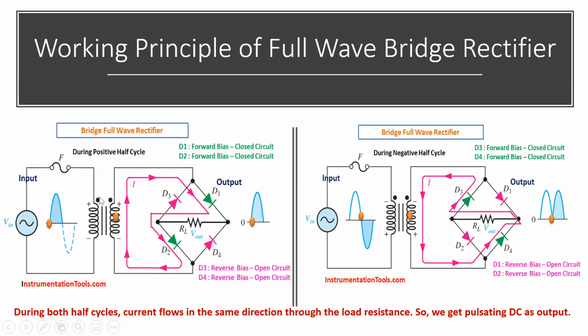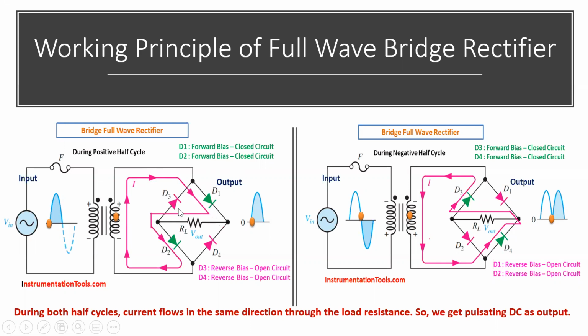So is that clear how the current will flow? The current will flow first through D1 because D1 is forward bias and D3 is reverse. So it will flow through D1, then through the load resistance, then through D2, and it will complete the circuit. D1 and D2 will be in forward bias, and this path offers a closed circuit for the forward bias.